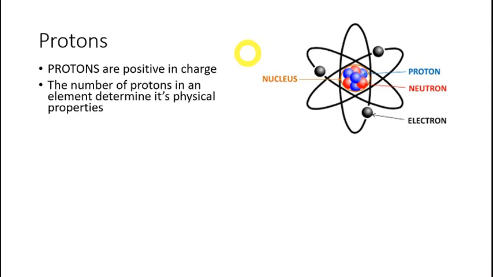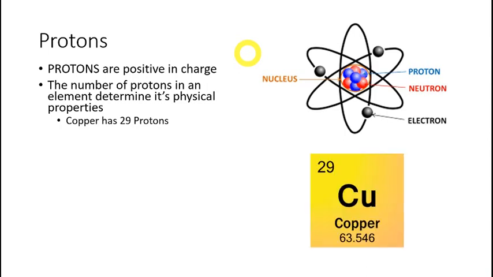The number of protons in an element will determine its physical properties. So in copper's case, we have so many protons in that nucleus, and because we have that quantity of protons in that nucleus, that makes it a copper atom, and we're going to look into that a little bit more. Copper has 29 protons.